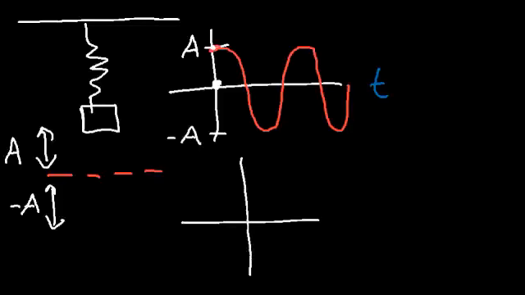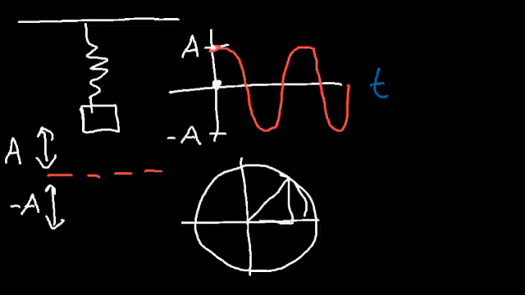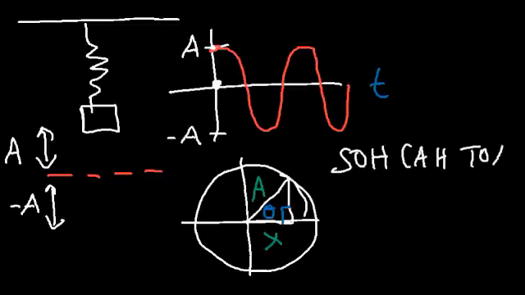Now, if we draw the circle that we had earlier in this video, this is x, and the radius of the circle is A. On the inside, this is the angle theta, and this is the right triangle. According to SOHCAHTOA, if you've taken trigonometry, you know that cosine of the angle theta is equal to the adjacent side divided by the hypotenuse.